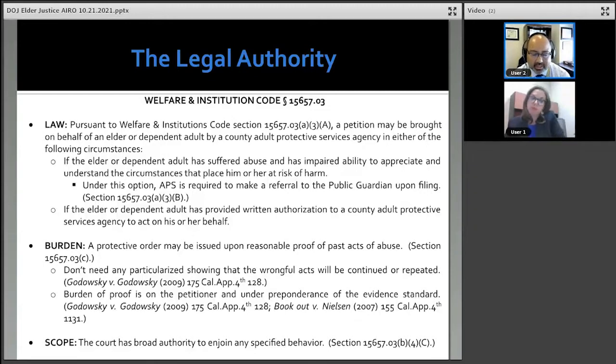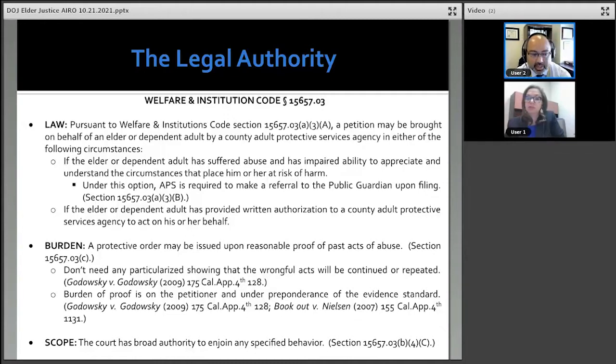The burden under the statute is not stated, but we have case law in California that applies: a protective order can be issued upon reasonable proof of a past act, and it's a preponderance of evidence standard. The cases are cited in the presentation if you want to look those up.